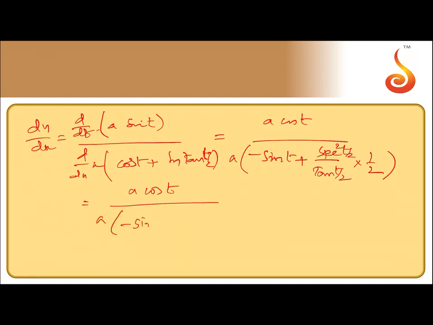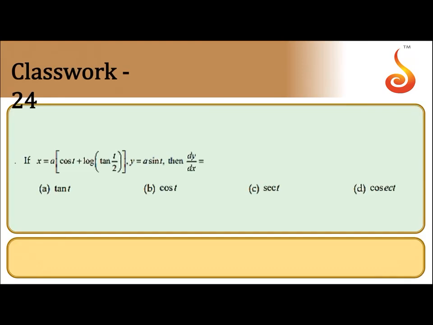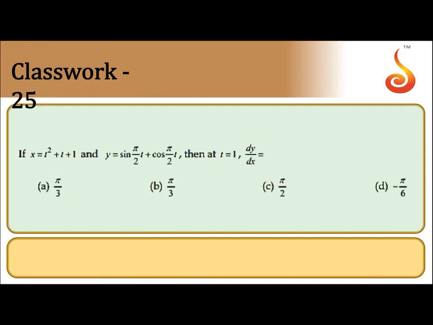So a gets cancelled. Minus sin t plus, on simplification, sin by cos, one cos gets cancelled, 1 divided by sin t, you get it. And that is equal to cos t multiplied by sin t divided by cos square t. So one cos gets cancelled, and the answer is equal to tan t.